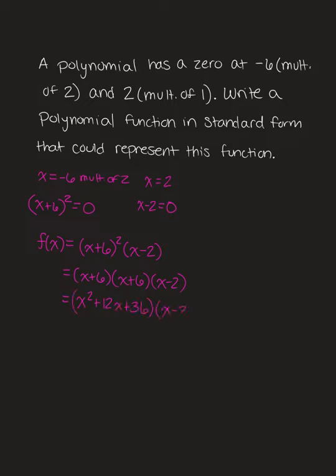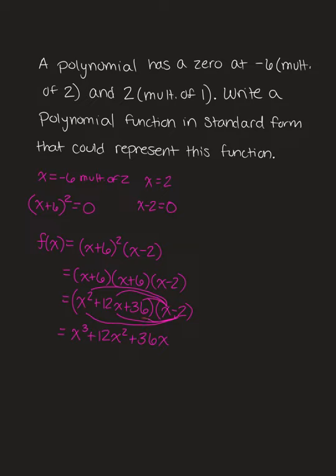Okay, and then I multiply all of that times (x − 2), so I'm going to do some distribution here. So I'm going to multiply my x times everything there, and I will get x³ + 12x² + 36x. Then I will multiply the −2 times everything.